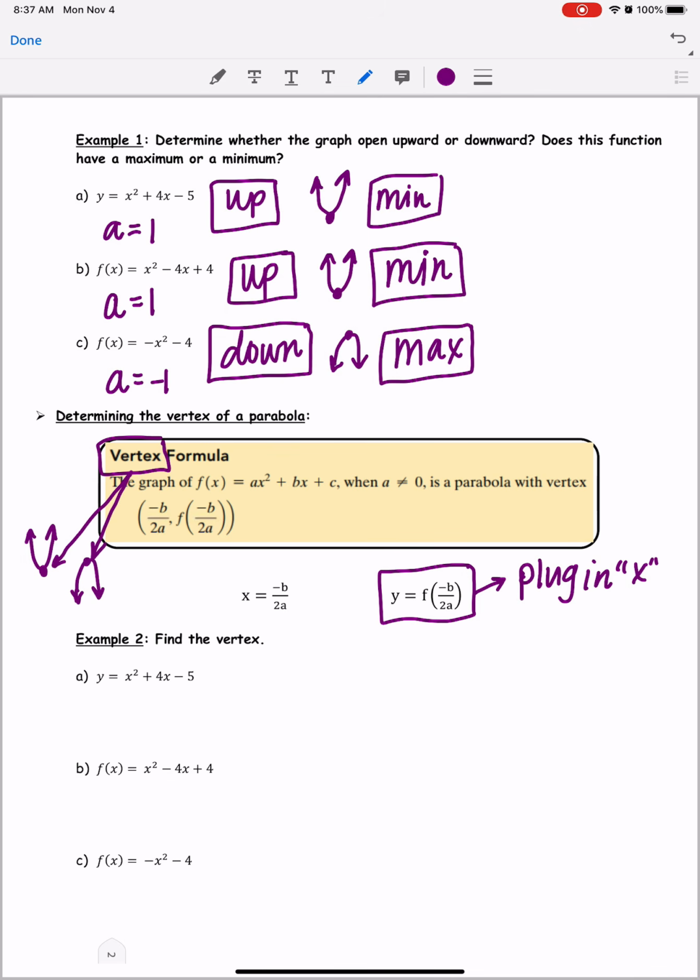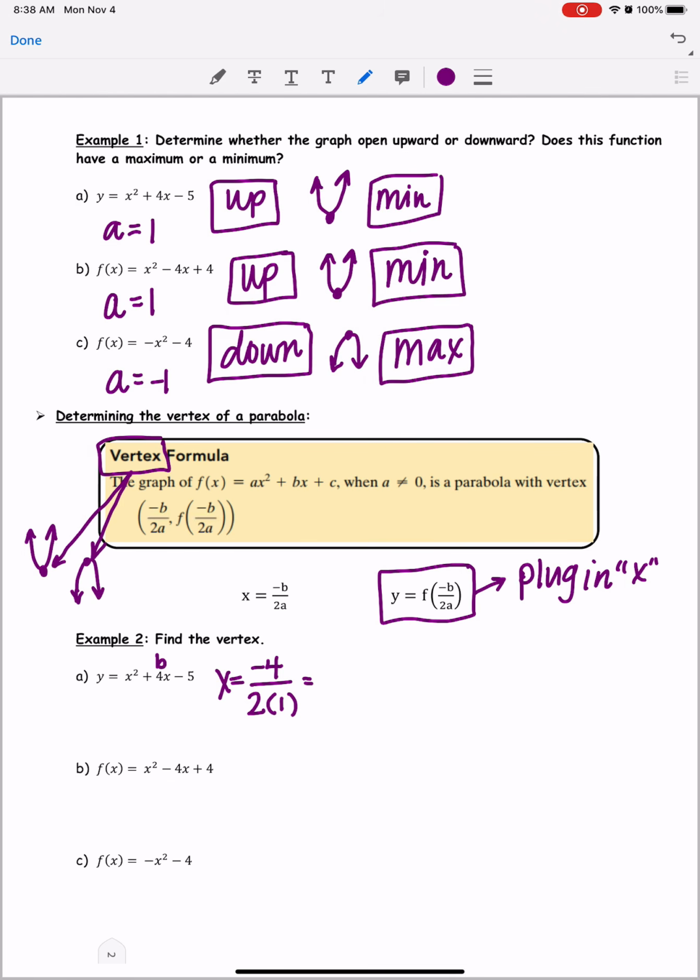Okay, so A, we have y equals x squared plus 4x minus 5. So if I'm using my formula of x equals negative b over 2a, my b is 4, so my negative b is negative 4, over 2 times my a here, which is 1.